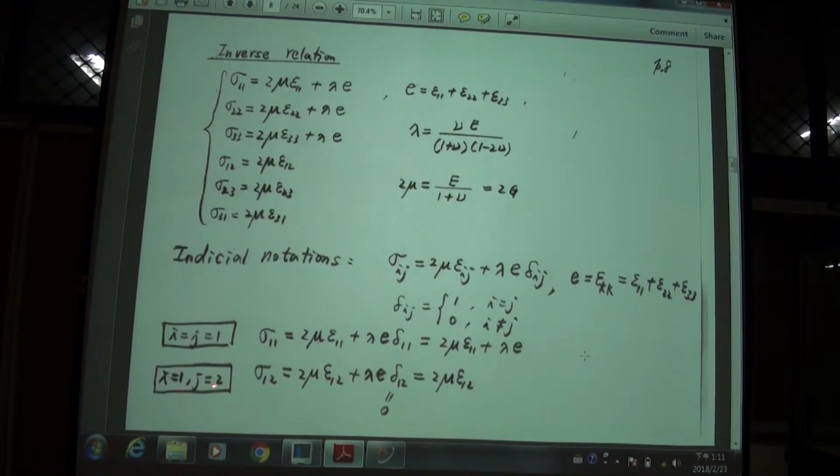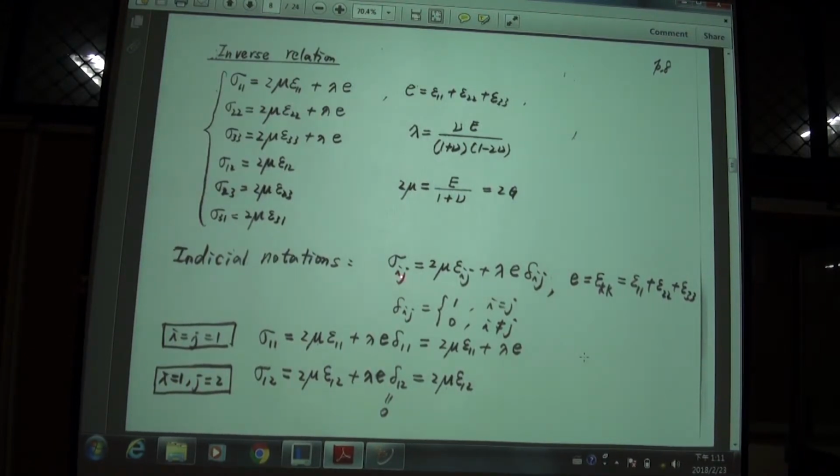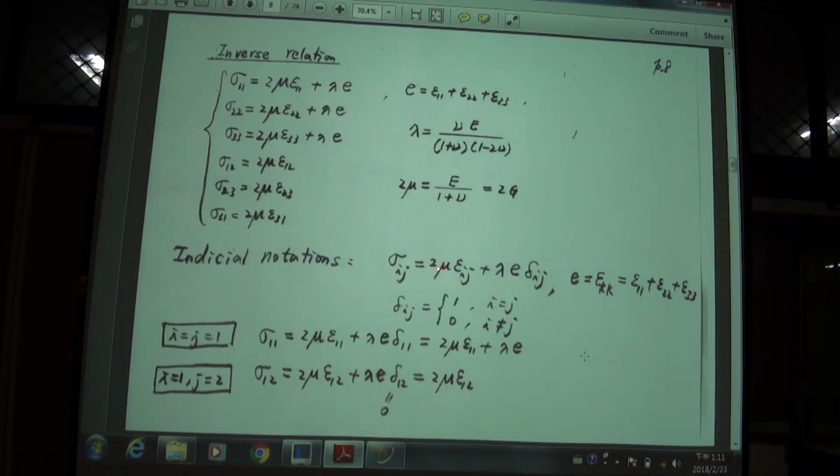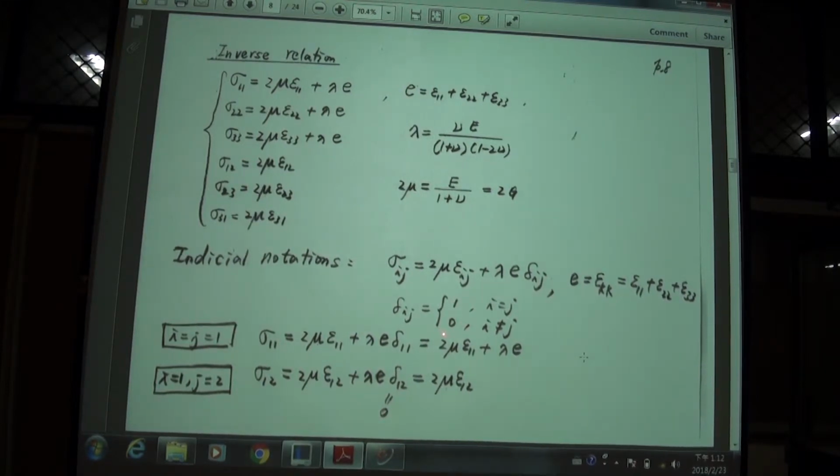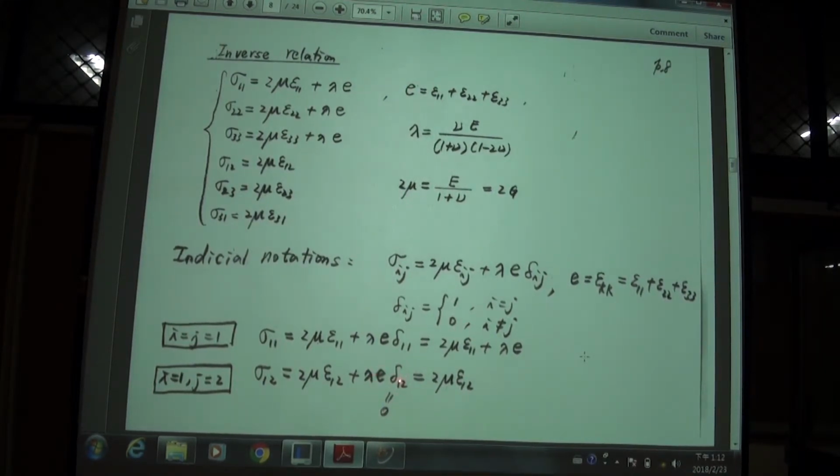We put i equals 1, j equals 2. We have sigma 1,2 equals 2 mu epsilon 1,2 plus lambda times e times delta 1,2. But delta 1,2 equals 0, as I mentioned before, so this term drops out. So we get this one, which is just this one. So it is easy to figure out that this single equation can represent all these 6 equations.